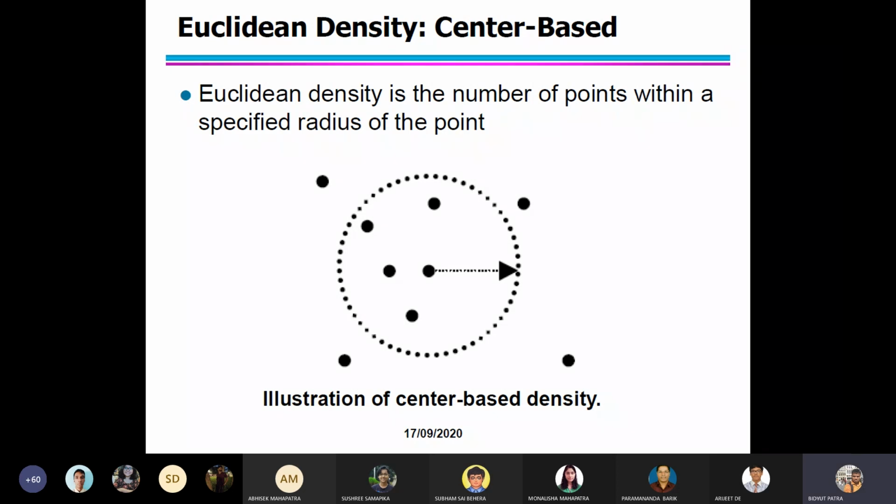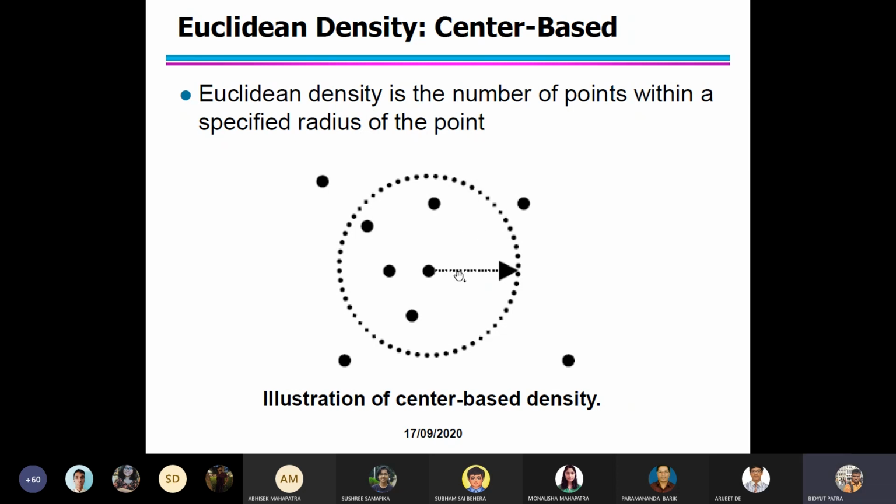Another way of computing the density: here we want to compute the density of this point. What do we do? We draw a hypersphere of radius r, and then we compute the volume, or for higher dimensions, and the number of points divided by the volume of the hypersphere or cube.